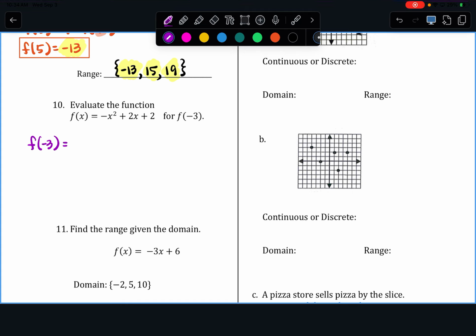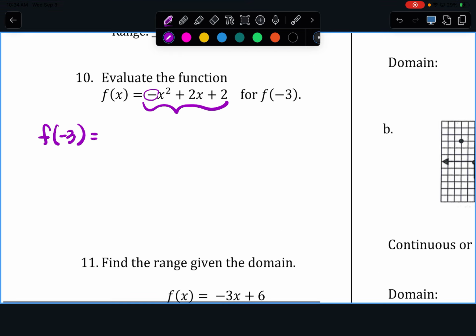Right, so f of -3, I want to be specific. You can write f of x if you want to, but I'm telling my reader exactly what number I am plugging in for x. So I'm going to rewrite all of this, but I'm going to put a -3 in everywhere I see an x. Now, this one is very tricky because I've got a negative and I've got all these x's. Please make sure that every time you insert a value in for x, that you put that number in its own little personal set of parentheses.